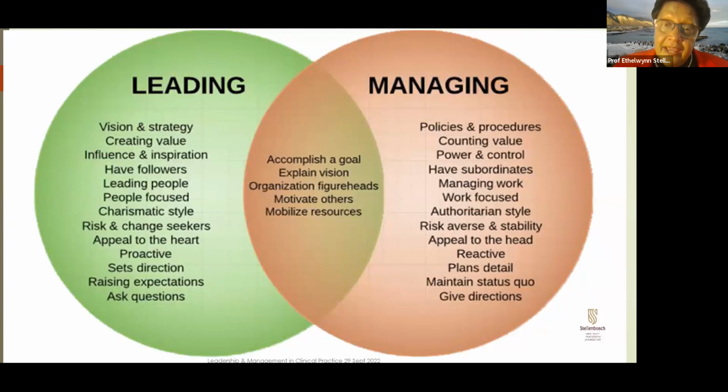So the bottom line between these two is that you need to be an effective leader and equally so a good manager, because it shouldn't look like there's a bull that went through the whole wards and turned everything upside down, and all you do is sit and dream about how you can change. That's what leaders do. They sit and dream about things. They visualize how things can be changed.